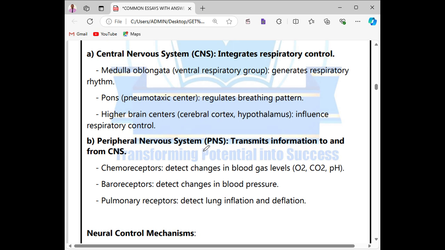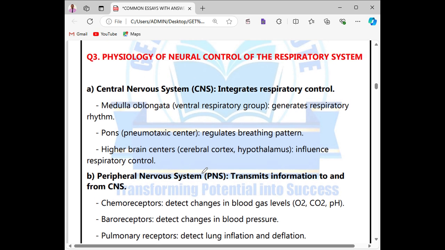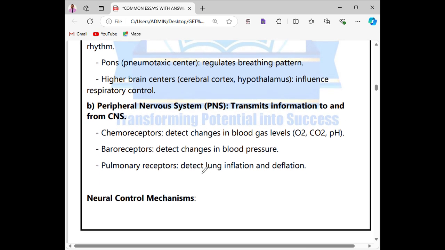The things which I've talked about are just key points that you should not miss in your explanation of the neural control of the respiratory system. These are key factors. All right, I should repeat on the peripheral nervous system.